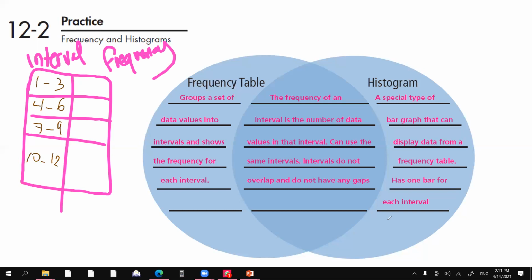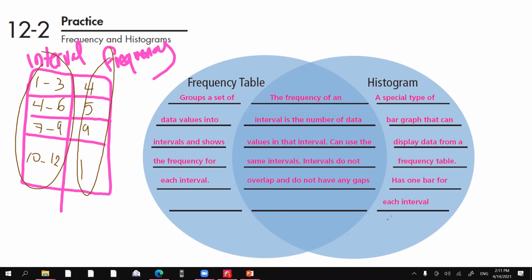Then I count how many values are from 1 to 3, and so on: 4, 5, 9, 1 as an example. These numbers 4, 5, 9, 1 we call the frequency, and these we call the intervals. The frequency table is a table that has an interval and a frequency for each interval.